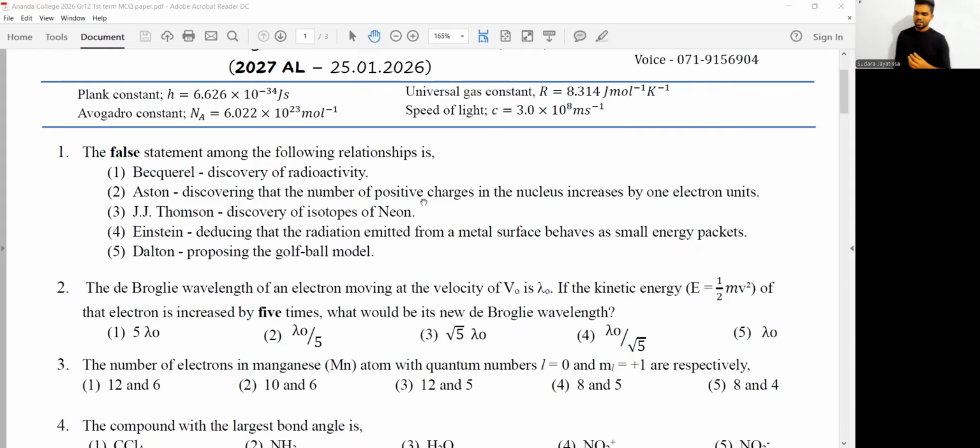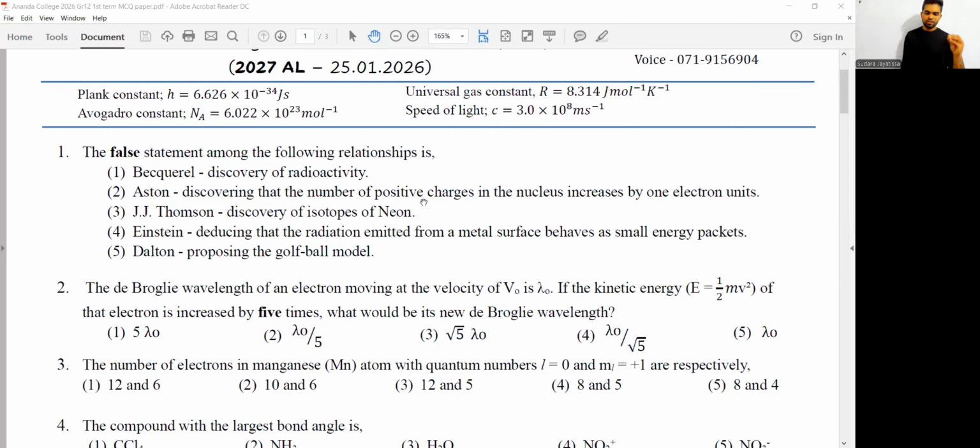It was discovered and presented by Moseley. Okay, Moseley. Understood? So that's why the second answer is wrong. Now what you need to write there: Aston is related to the discovery of isotopes, and the one given in the answer of Aston was actually discovered by Henry Moseley.